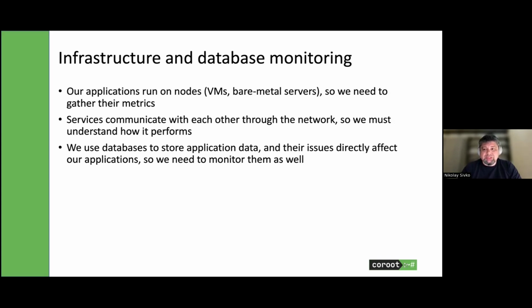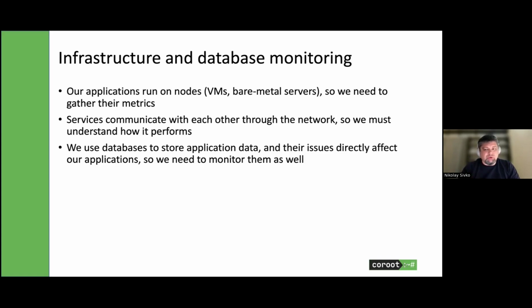And to understand, for example, why some application is experiencing a lack of CPU time right now, you need to understand what's happened on the node. So we need to gather node-level telemetry. Also, our applications usually communicate through the network, and we need to understand how our network performs.